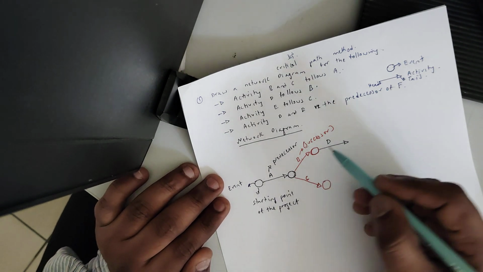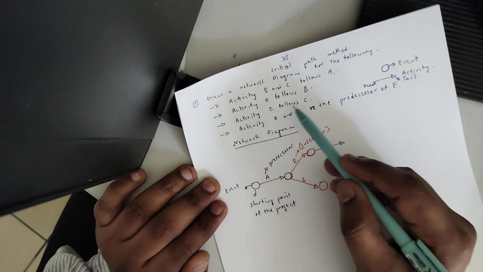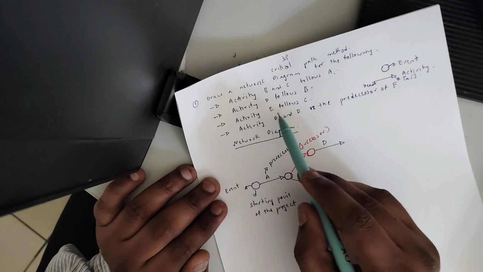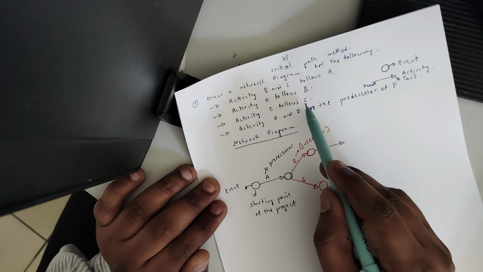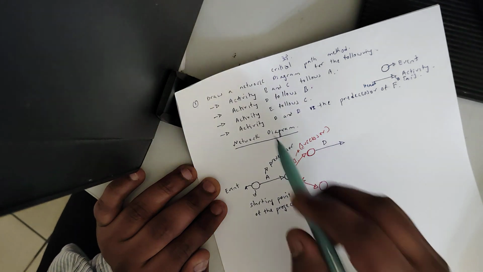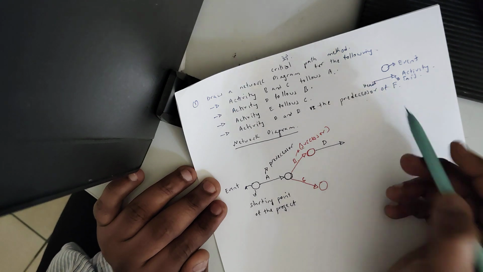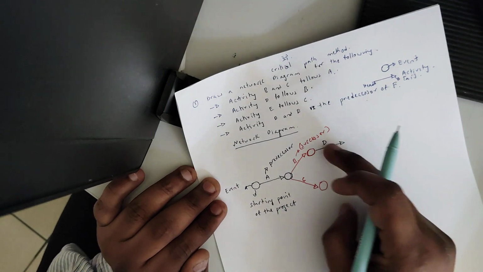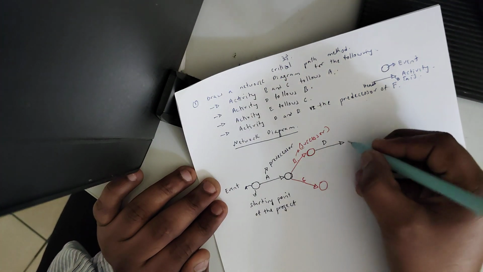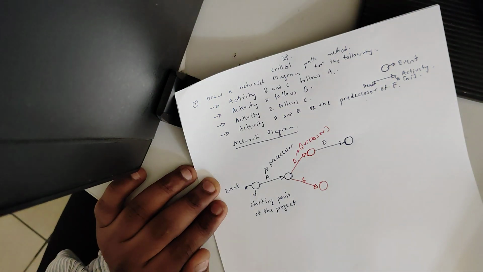Next we move to the other two points. Activity E follows C. Where is C? C is here. It is telling that E should follow C, so the activity I am mentioning here should follow C. Next, the last condition: activities D and E are the predecessors of F. So once the D activity is finished, we draw the event.